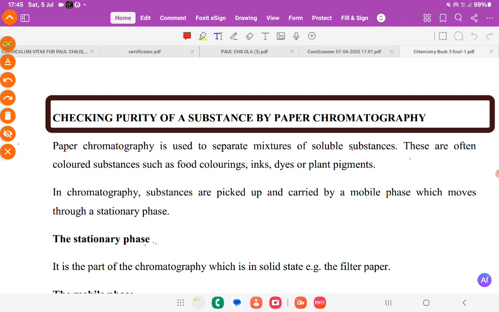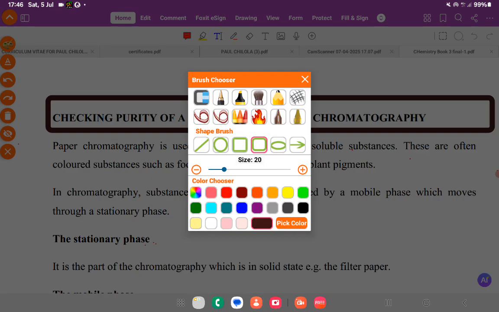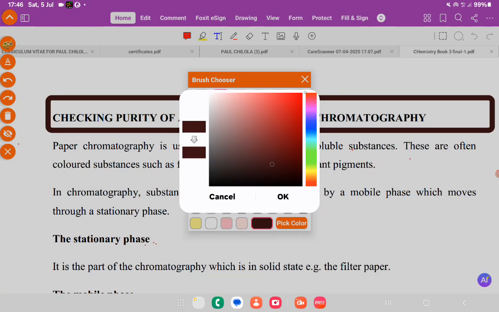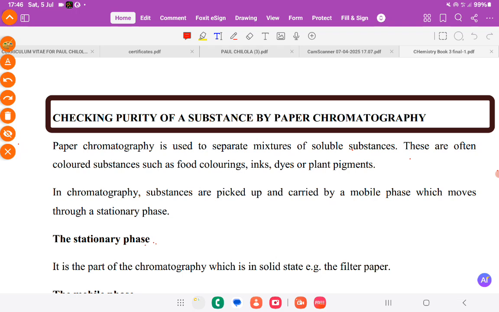But at this level, we are going to look at paper chromatography. So by virtue of the name, paper chromatography has to do with paper. And in most cases, the paper is called a chromatogram.